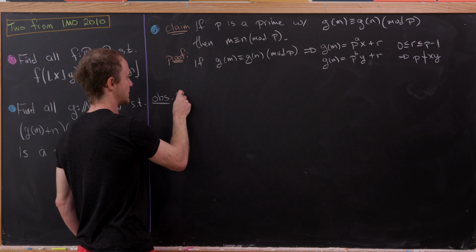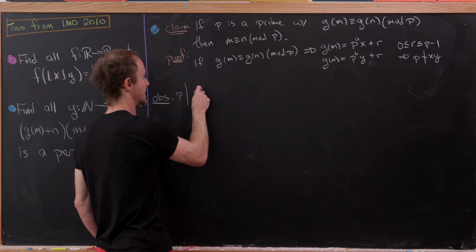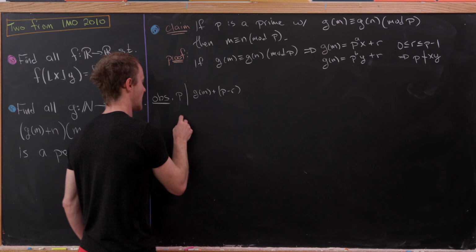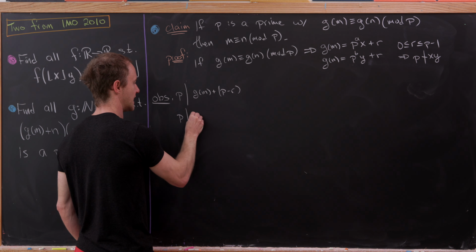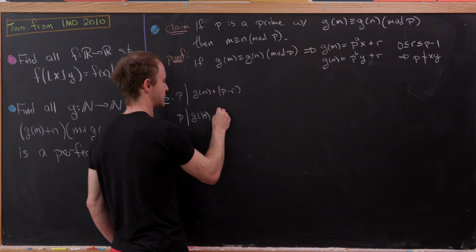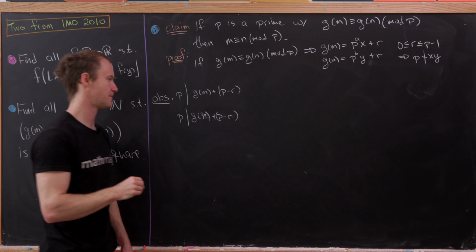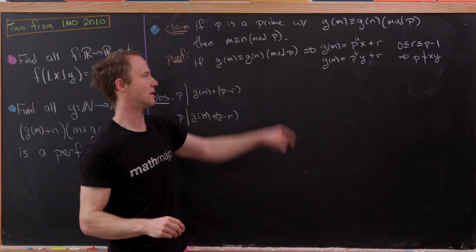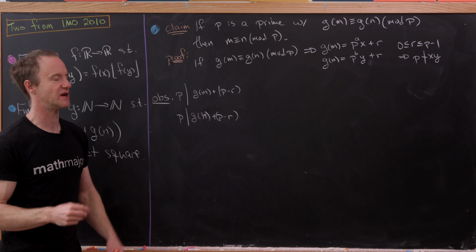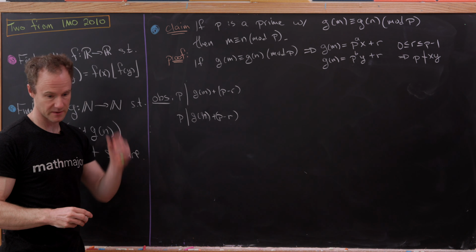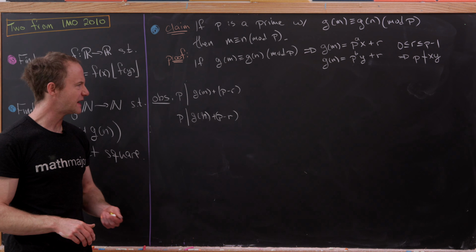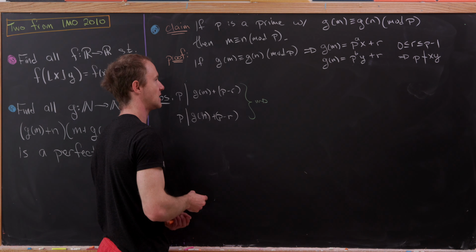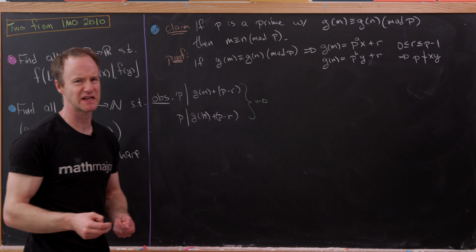We get that p divides g of m plus p minus r, and p also divides g of n plus p minus r. I think that's pretty clear just by adding p minus r to both sides of both of those equations, and you'll get a multiple of p. But then an important thing here is that p squared will not divide either of these. And you can check that really case by case.